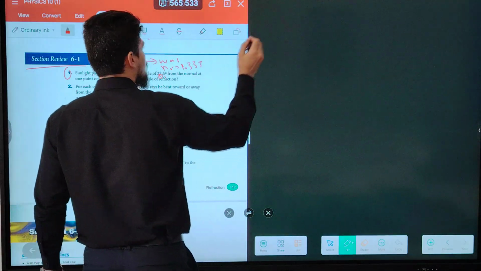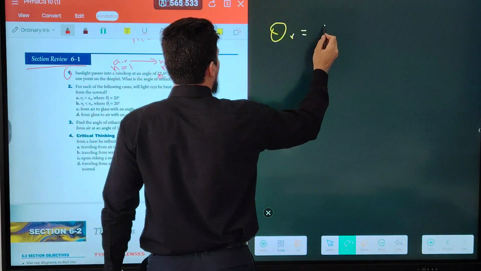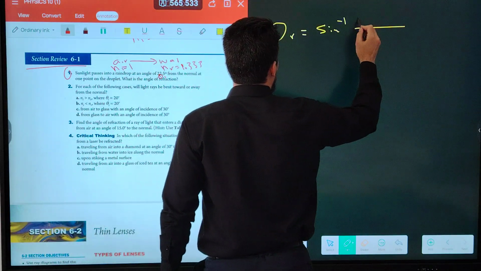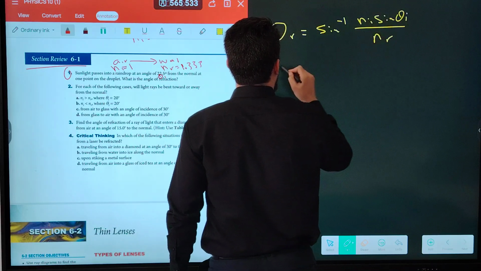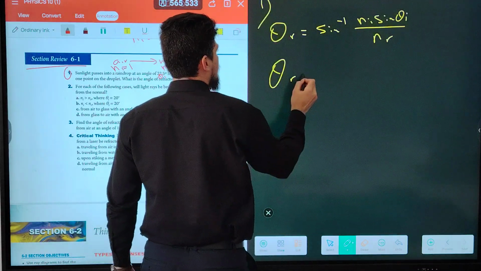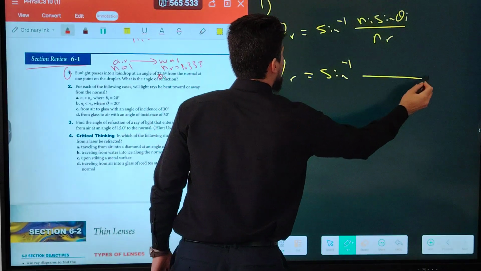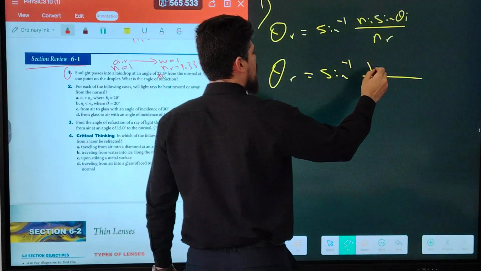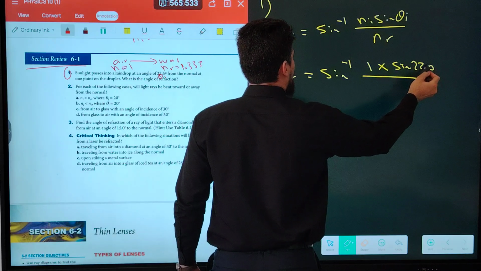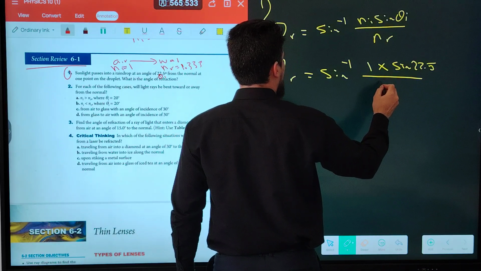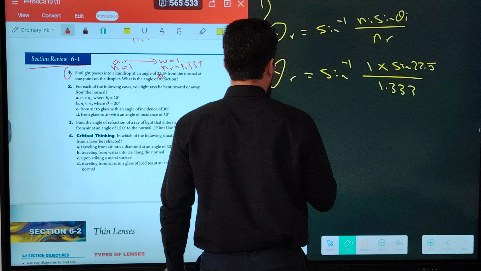So to solve this question, theta r is unknown, is equal to sine inverse of Ni sine theta I over Nr. It's very easy. Sine inverse, Ni travels from air 1, by this angle 22.5, over Nr, water 1.333.